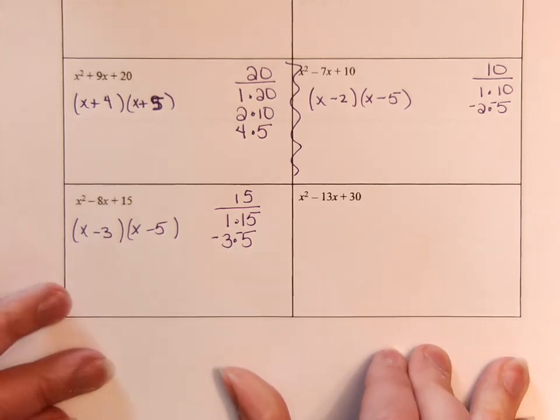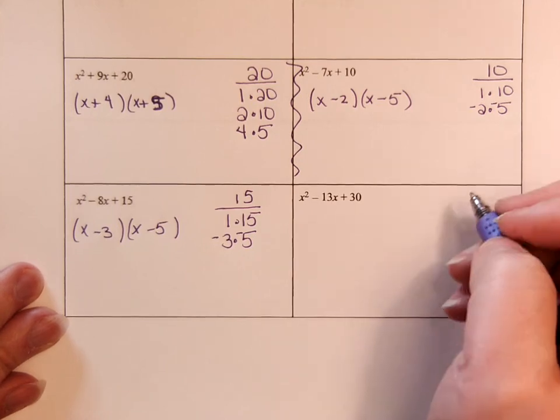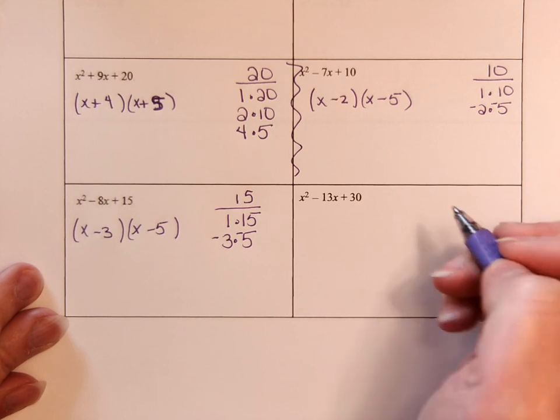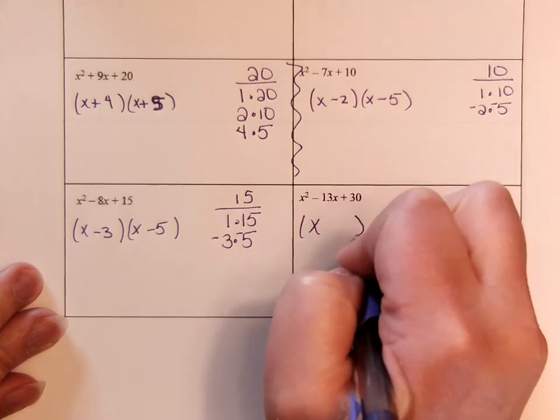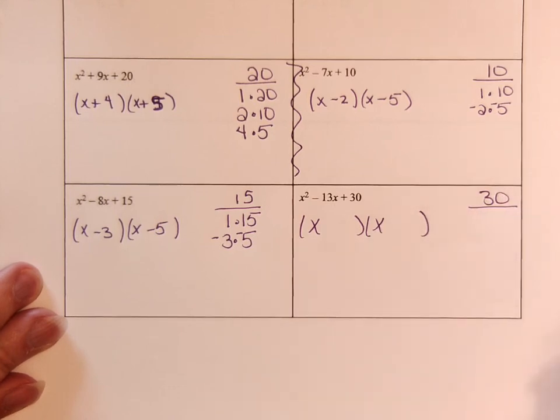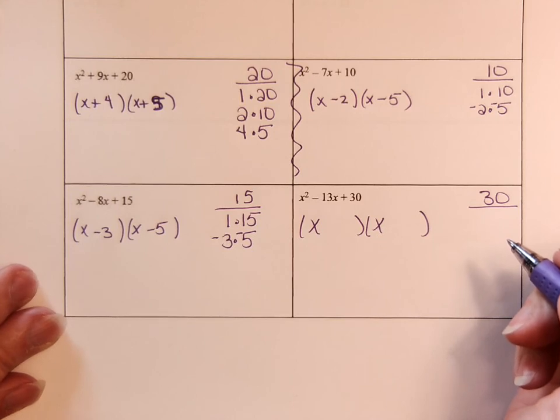So then let's try one more like this before I throw in another curveball. So here we go. We have x squared minus 13x plus 30. So set up our parentheses, and we're going to find numbers that multiply to 30. So the larger the number, the more factors it's going to have.